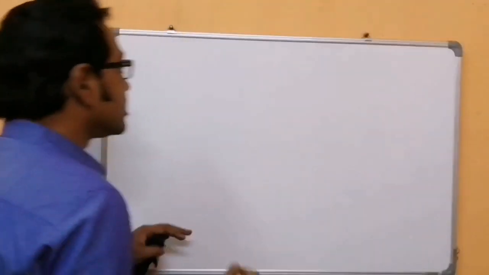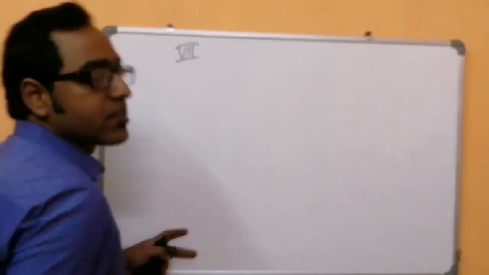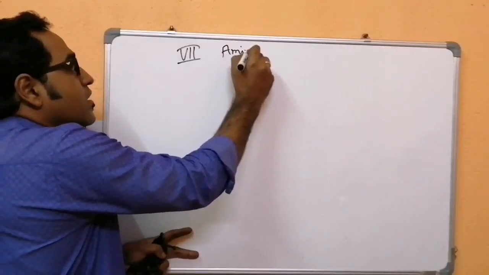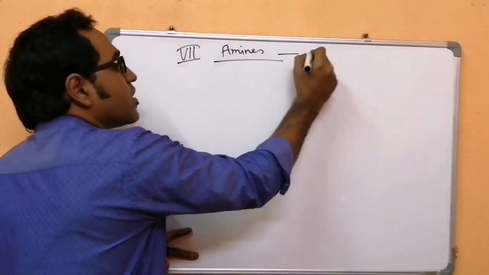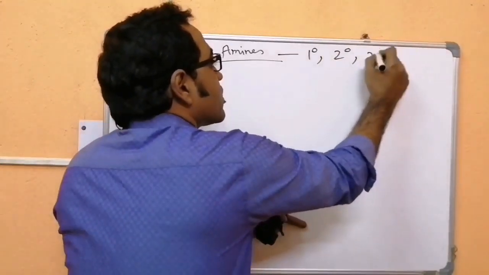The last type, that is type 7, is to distinguish between amines, primary amine, secondary amine and tertiary amine. So it is to distinguish between amines. 1 degree, 2 degree or 3 degree.